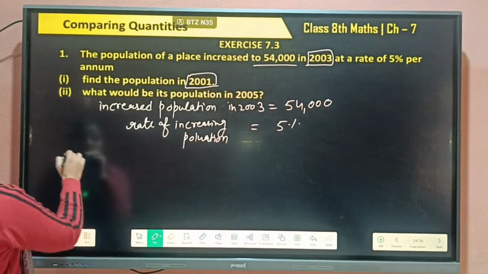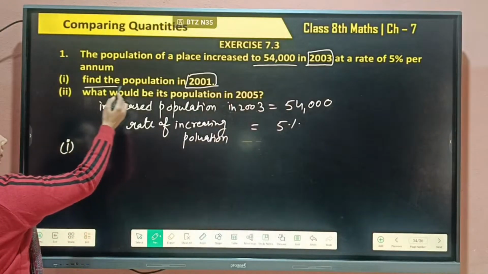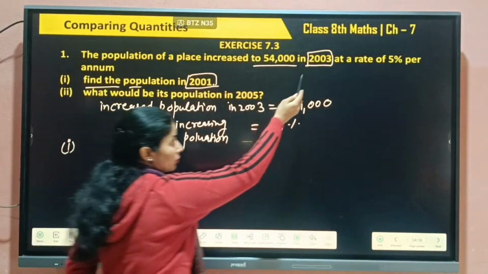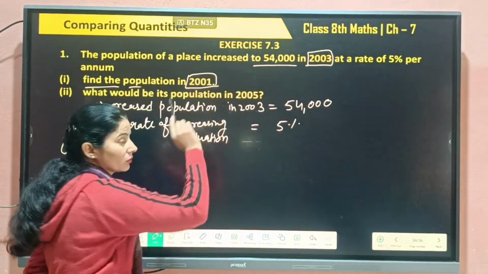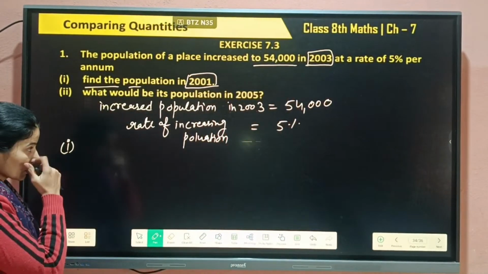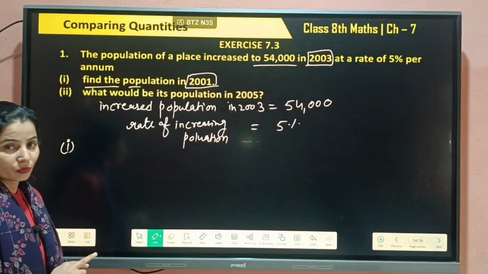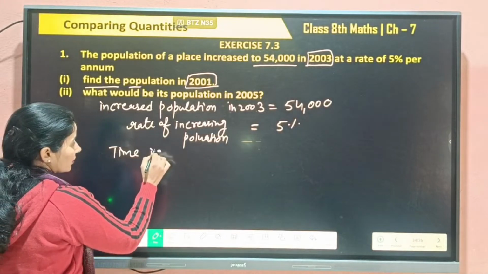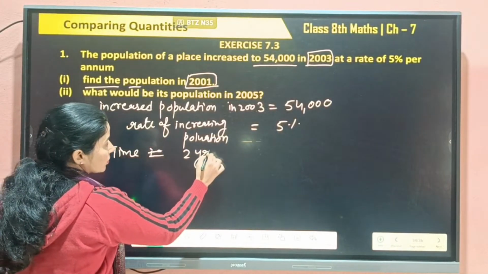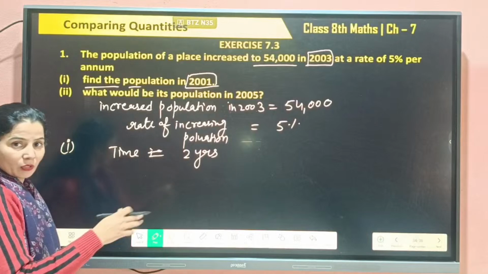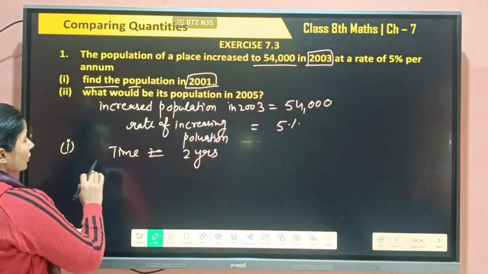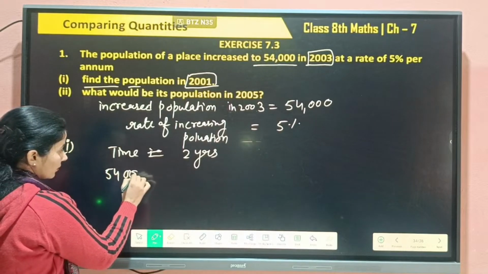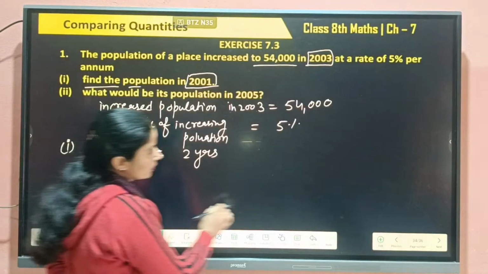Now the first part: the population in 2001, this is in 2003 and the population in 2001 we have to find out. So what is the time gap? It is 2 years. So you will write time is 2 years for this one, from 2001 to 2003. So you will write this is 54,000 because it is similar to amount.